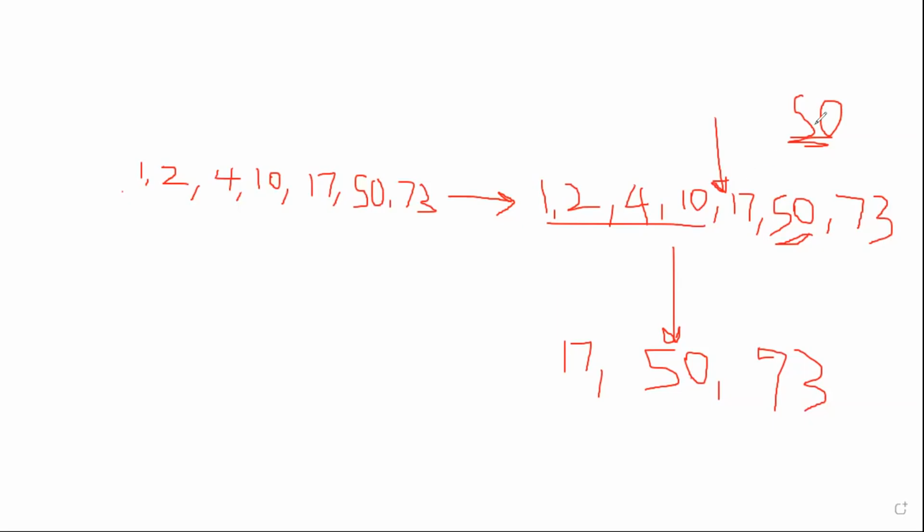The 50 that we are looking for is now equal to this 50. What we have just done is 2 operations instead of 1, 2, 3, 4, 5, 6 from the normal sorted array.